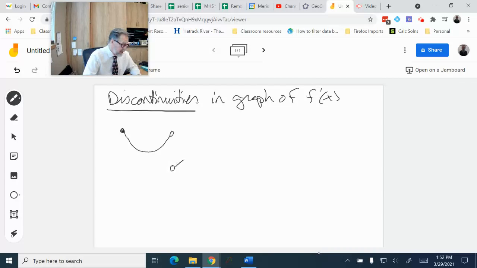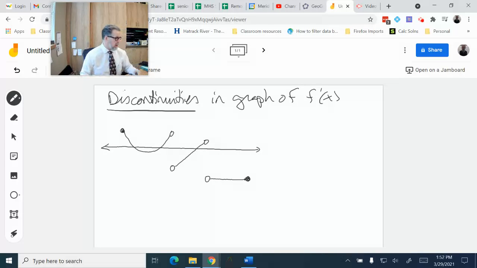Then it does its thing, and all of a sudden it jumps down to here, and then it stays constant for a while, and then it ends. My x-axis is right here, and it doesn't really matter where my y-axis is for the purposes of this discussion. So let's call this 1, and let's call this 2.